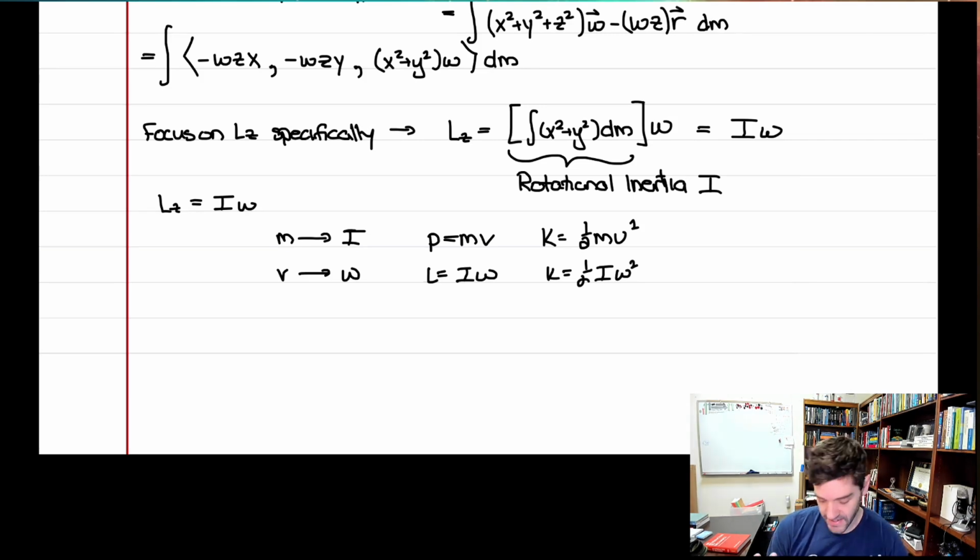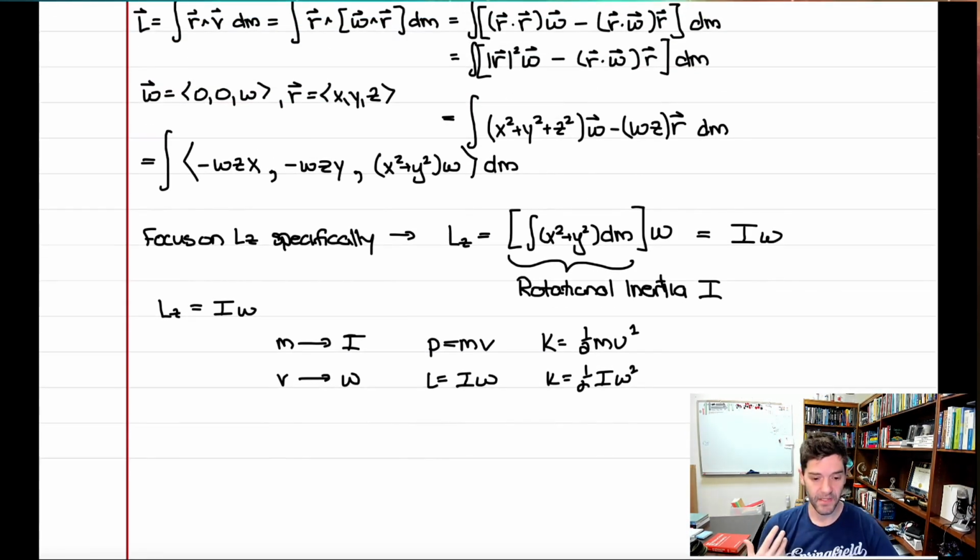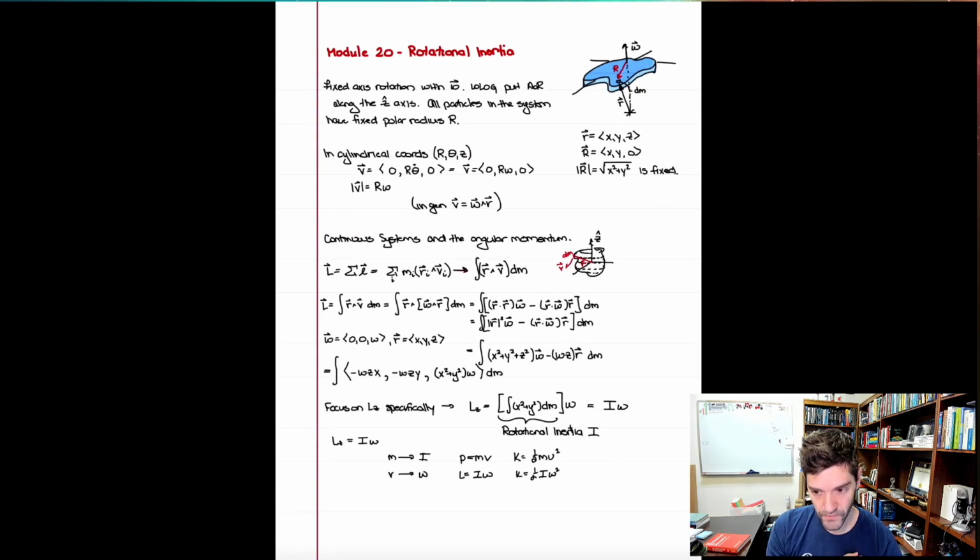Though in this case now, there is the more challenging problem of if I want to talk about the angular momentum of a solid system, or point particles, for a fixed rotation axis, I have to be able to evaluate this rotational inertia first. So the rest of this lecture, I think, is just going to be doing a bunch of problems or examples of this.